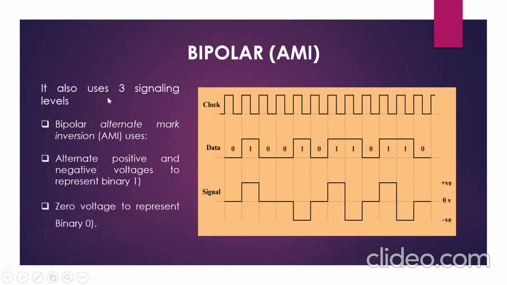It also uses 3 signaling levels. Bipolar alternate mark inversion, or AMI, uses alternate positive and negative voltages to represent binary 1, and 0 voltage to represent binary 0. Right? So a 0 voltage would be representing what?